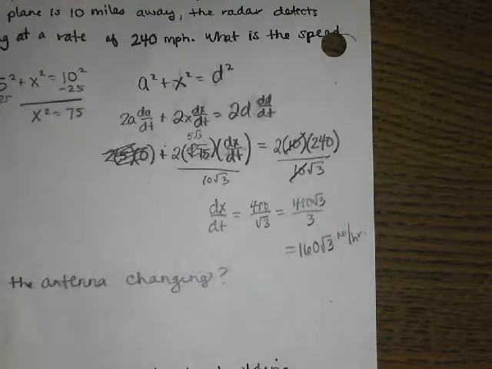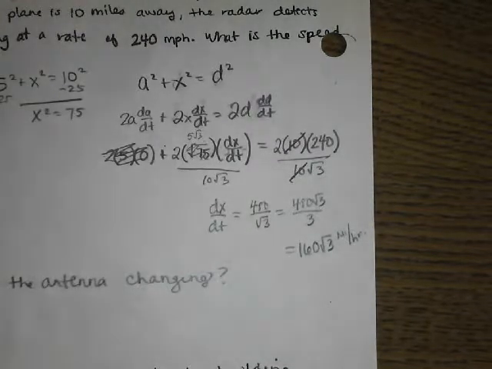All right, your homework tonight is a worksheet. So I'm going to hand that out. Why don't you do, let's just do 1 through 4 on the worksheet.